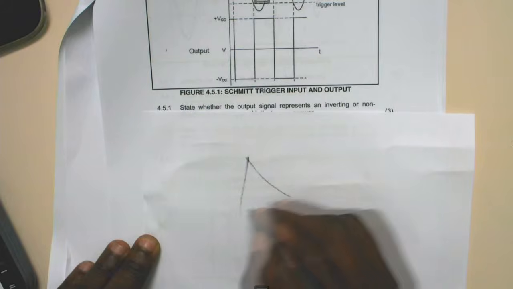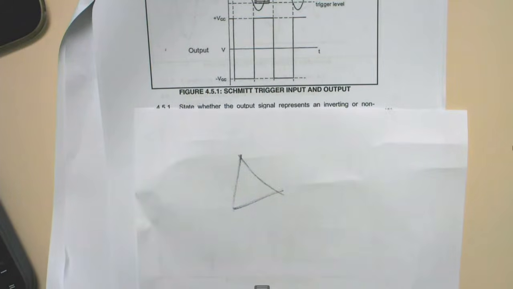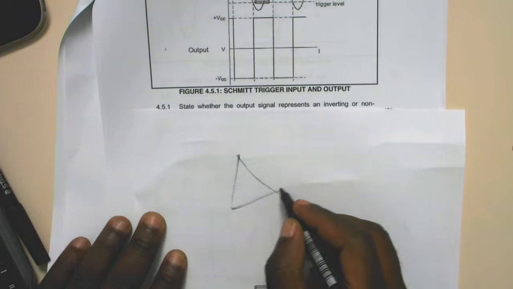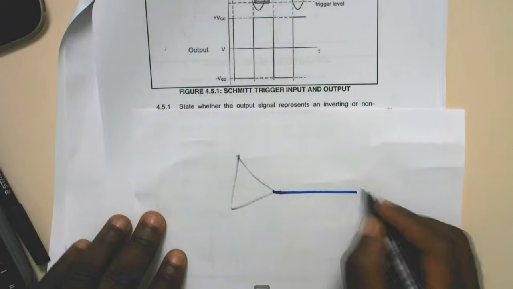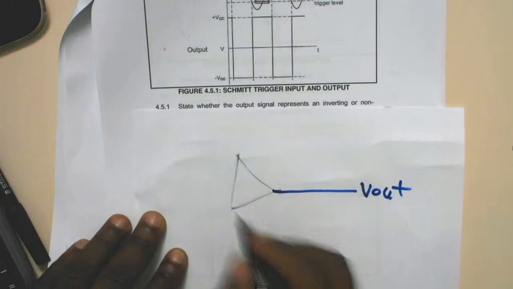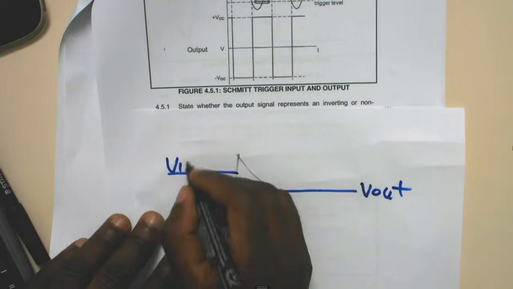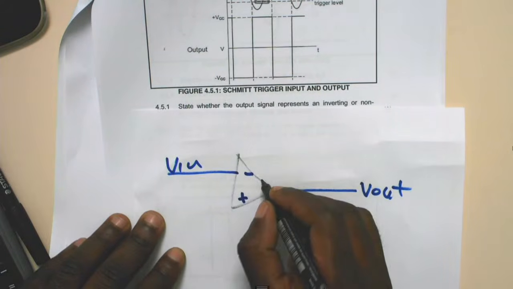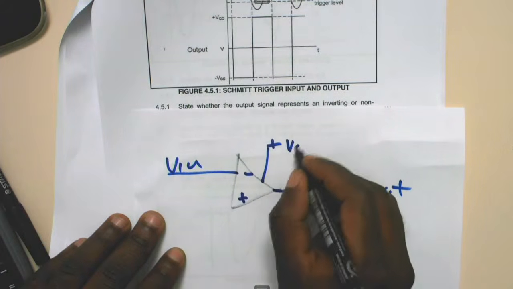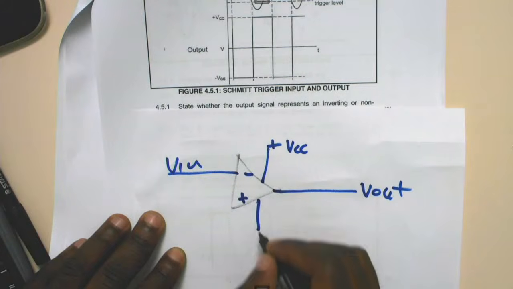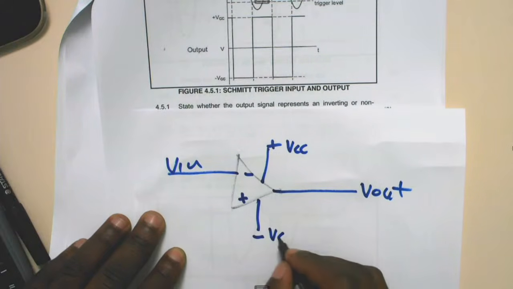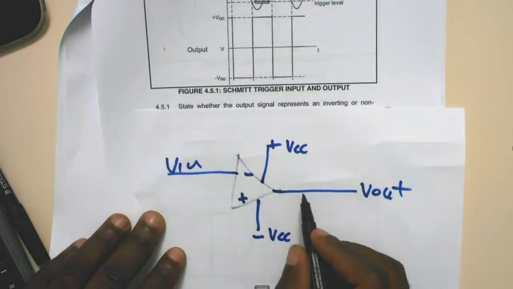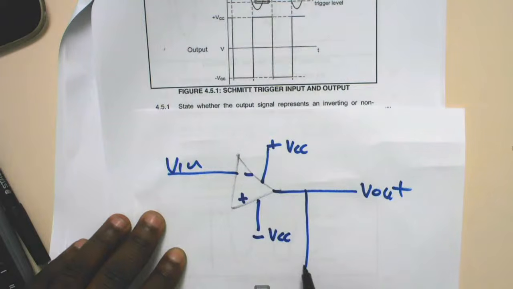You'll have your op-amp here, which gives your V out. Then you'll have here minus and plus, and here you have plus VCC, and here you'll have your negative VCC. Then here you'll have your RF, which is your feedback resistor.